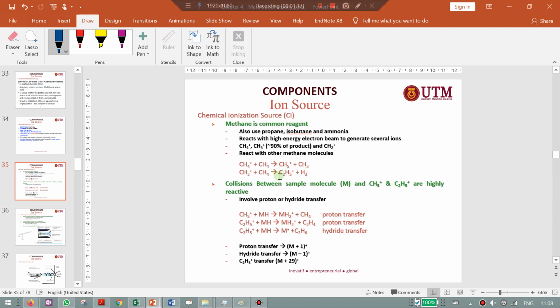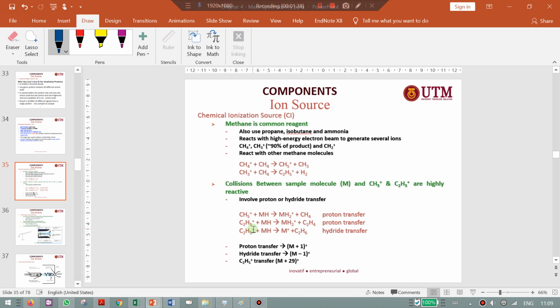They will collide with the molecule and perform two types of transfer, which we describe as proton transfer and hydride transfer. If your reagent ion gives a proton or a hydrogen to the molecule, then we call it proton transfer.